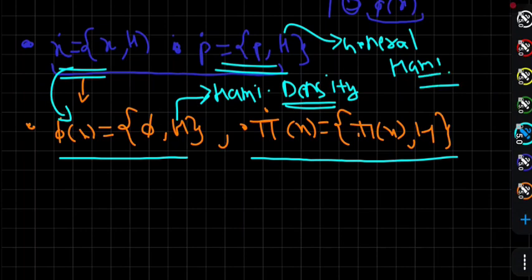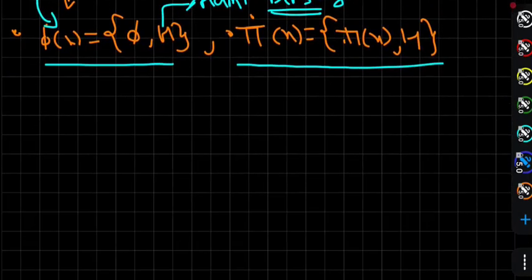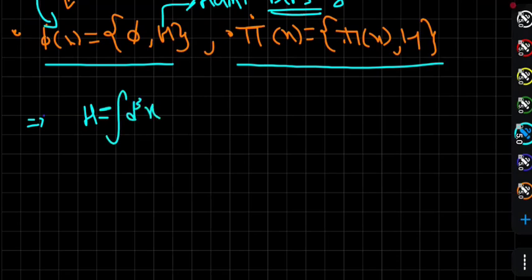Okay. So these are the formulations and the basic relationships we have derived now in the Hamiltonian formulation of the Klein-Gordon field. Now one more important thing is how I can write the Hamiltonian in terms of the Hamiltonian density. It's simple: the Hamiltonian is just the integral over all space of the Hamiltonian density.